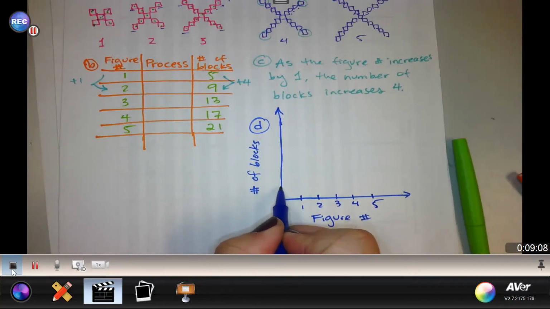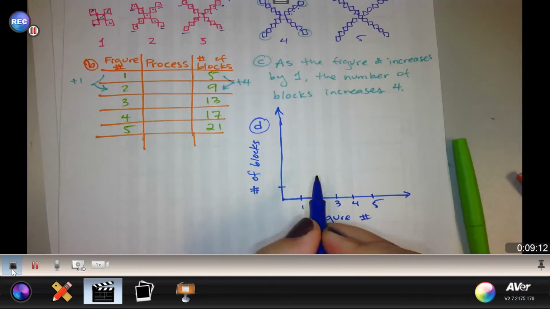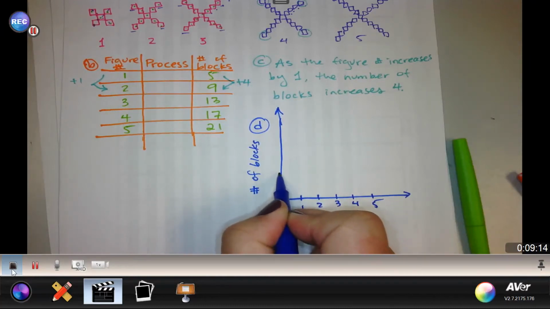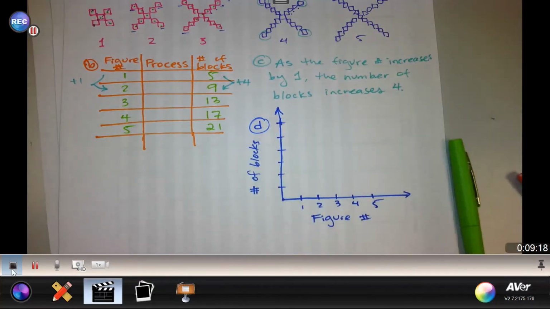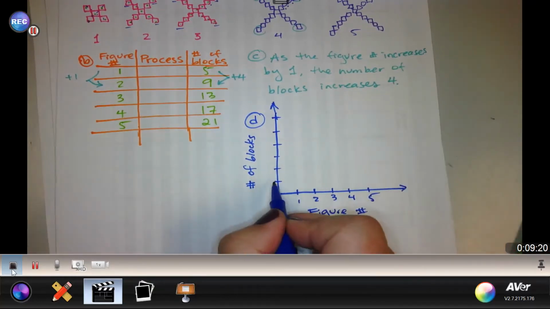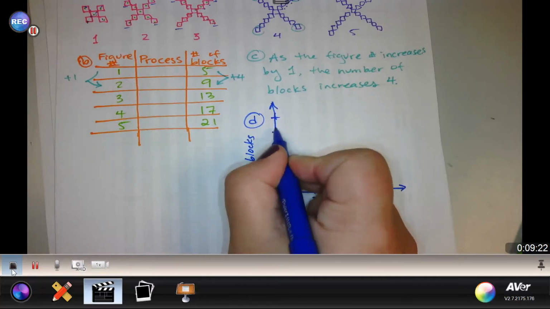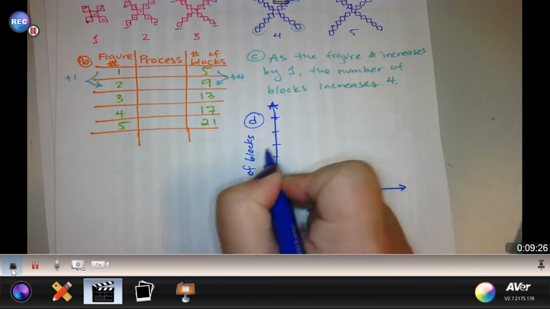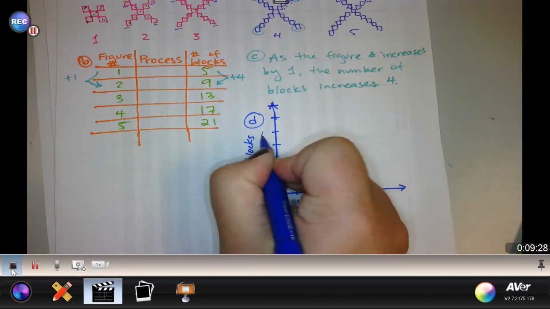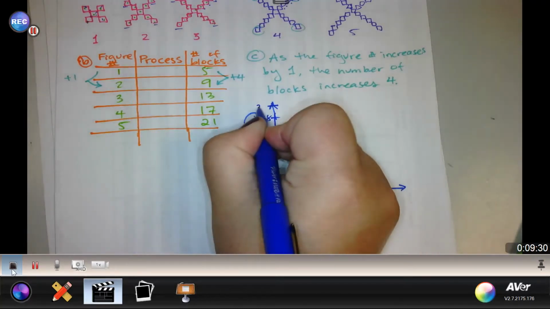So I might go up by 5, 10, 15, 20. Oh, nope, I might be able to go up by something else. Let's go up by maybe 3s. 3, 6, 9, 12, 15, 18, 21.